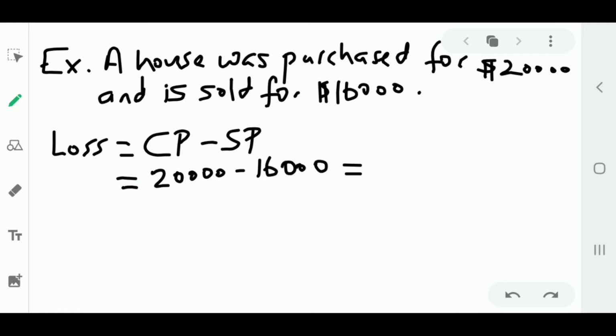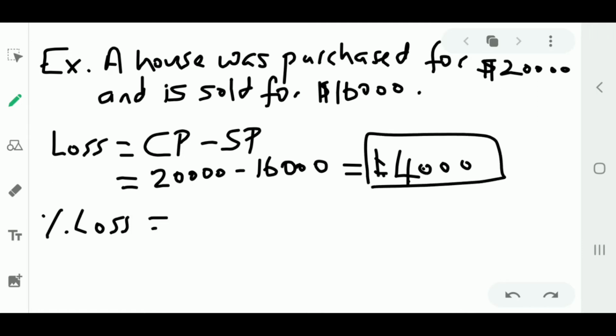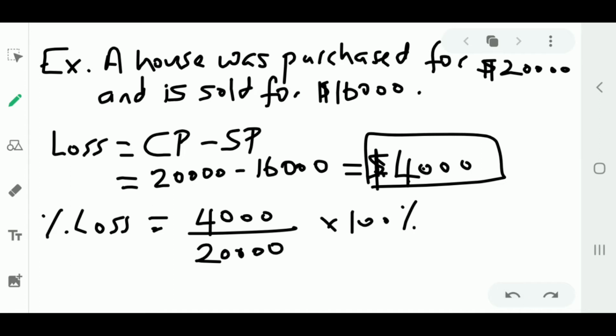That means you lost $4,000. So if you want to find the percentage loss, it is the loss that you just found here, which is 4,000 over the cost price, which is 20,000 times 100%, which is equal to 20% loss.